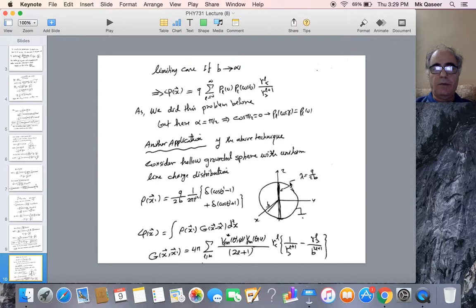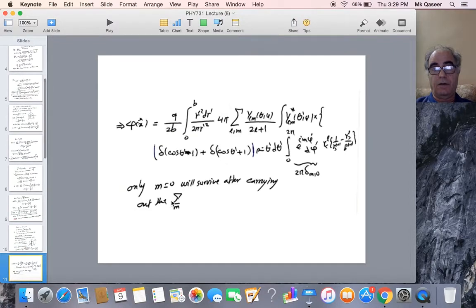Another application is to put inside this sphere, along the z-axis, a rod of uniform distribution, which has this distribution lambda. As we did before, we have to convert this into a Dirac delta function. So we write rho for this distribution, which is given by this, and then evaluate the integral.